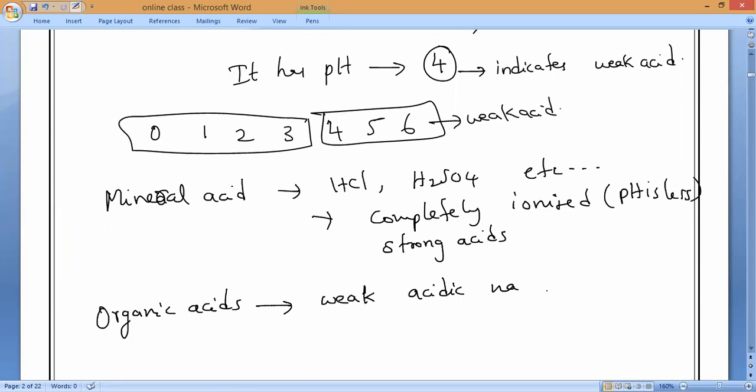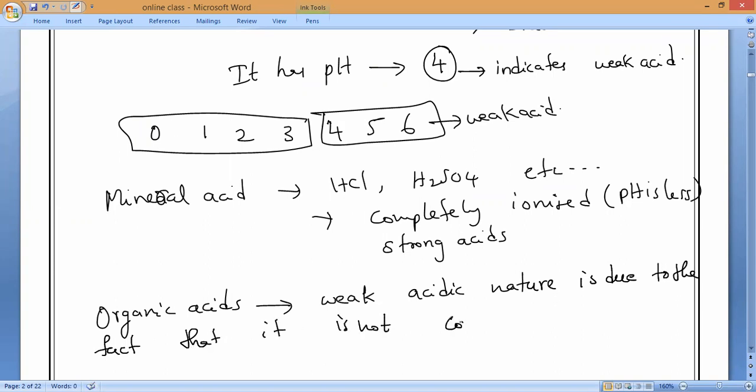Write it: weak acetic acid is due to the fact that it is not completely ionized in aqueous solution.